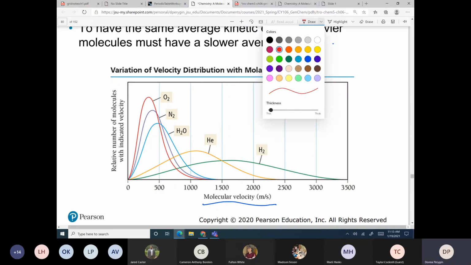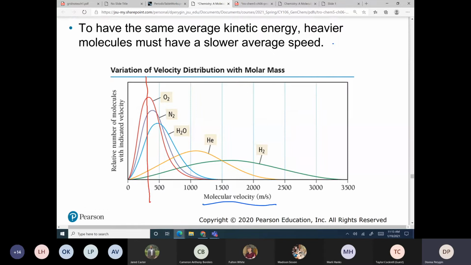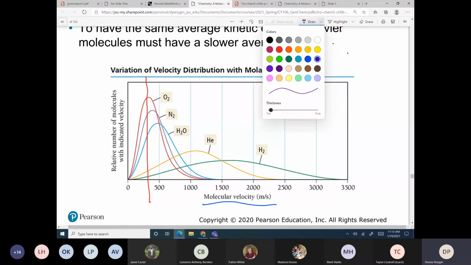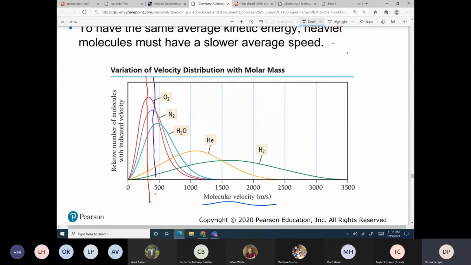For O2, we've got our average velocity being right here, and N2 is lighter, so the average velocity is going to be further up. It's going to be higher because the lighter particles have a faster velocity, okay?